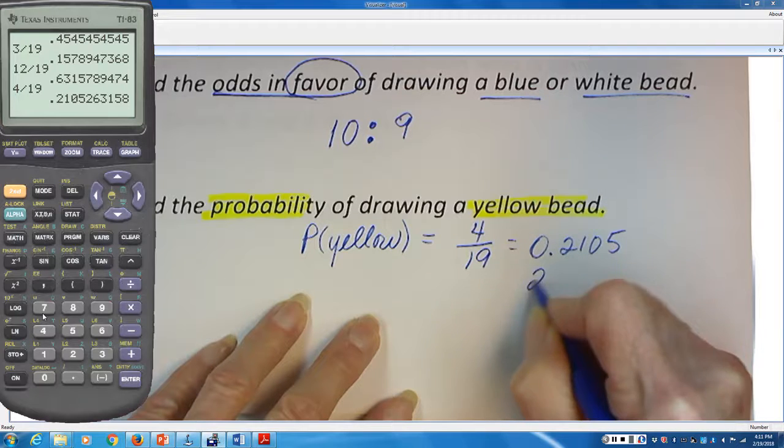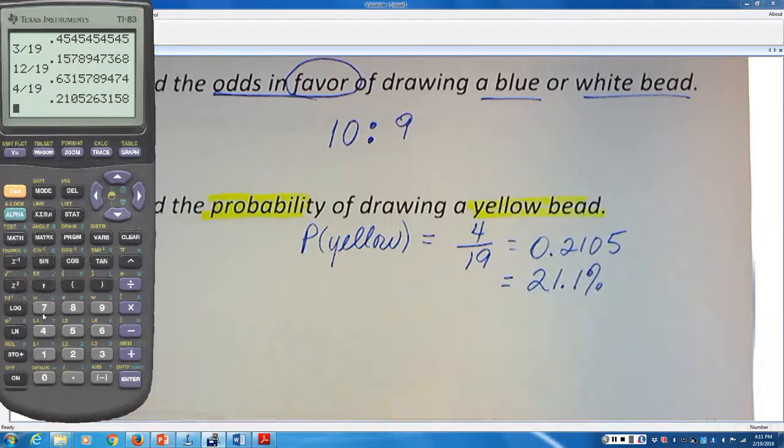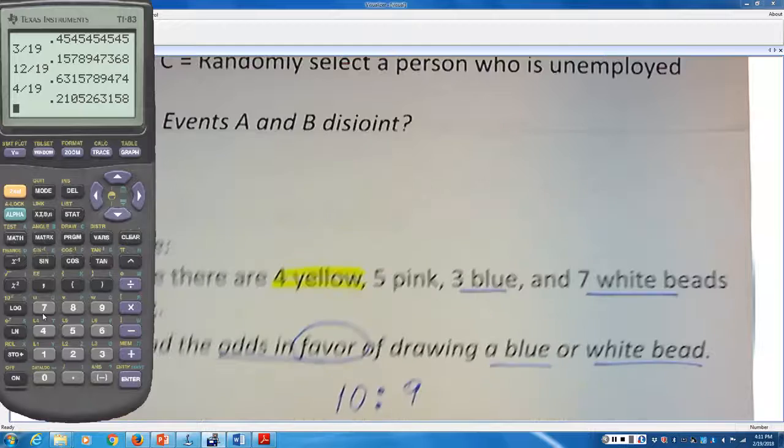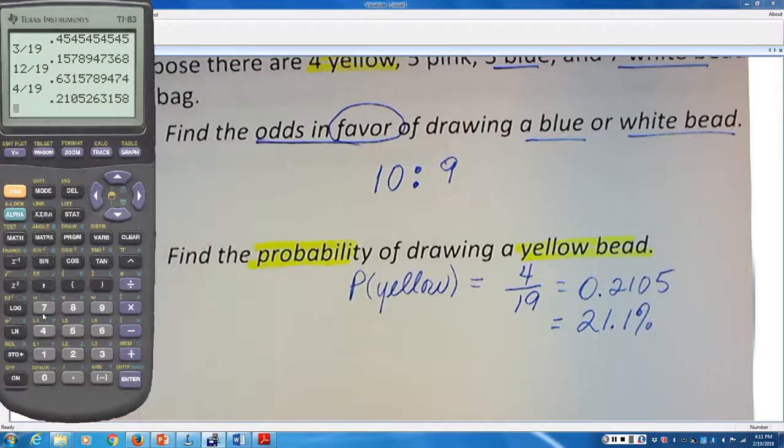And that'll be 21.1%. Any questions? We're gonna go back to the PowerPoint for a minute because we got some more words to talk about now.